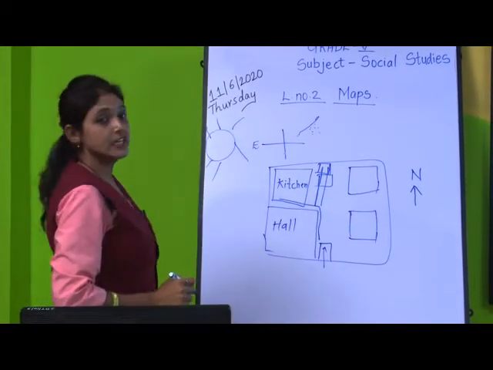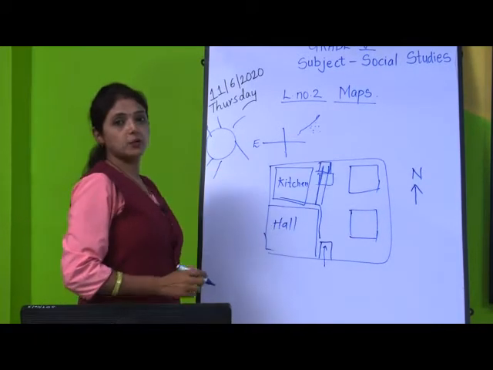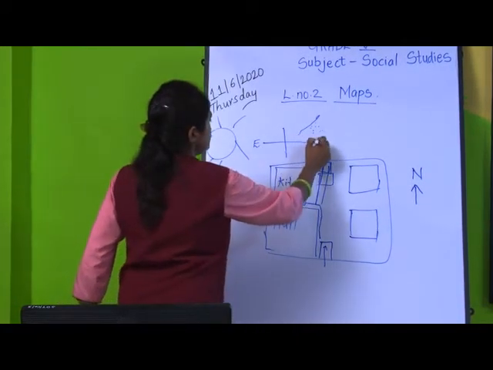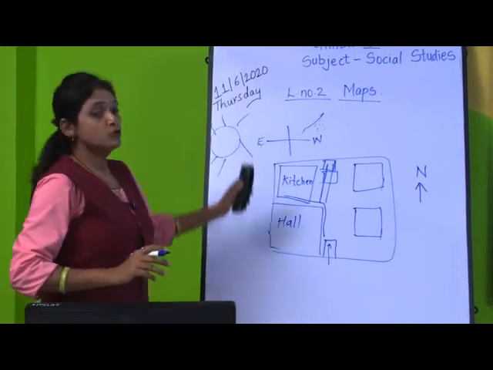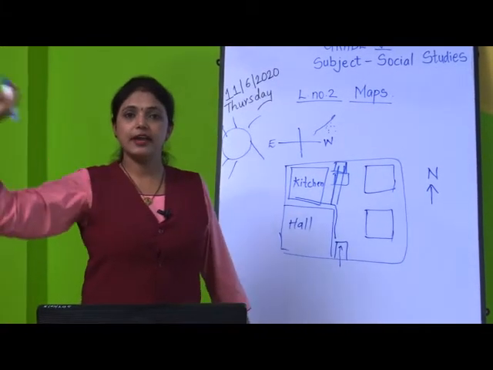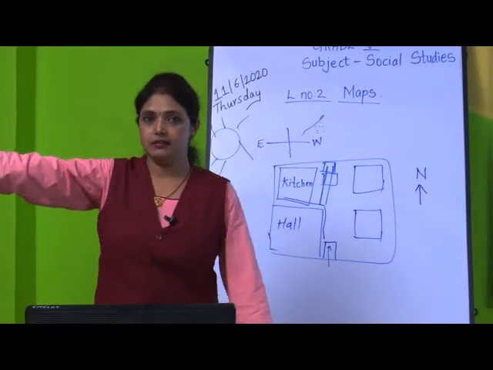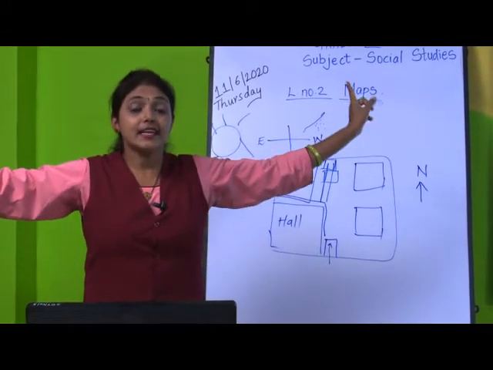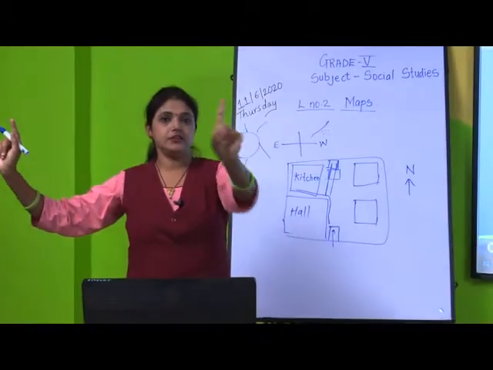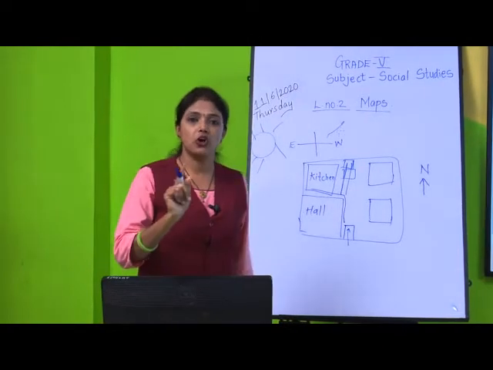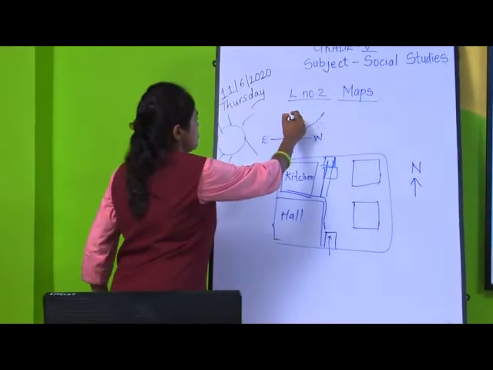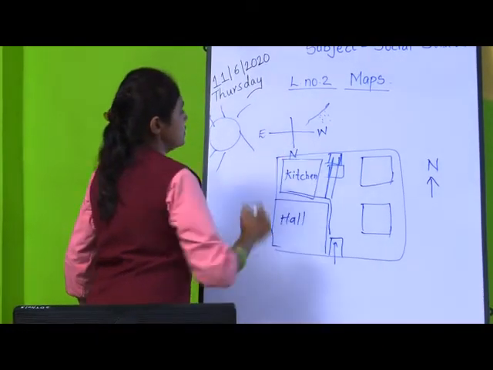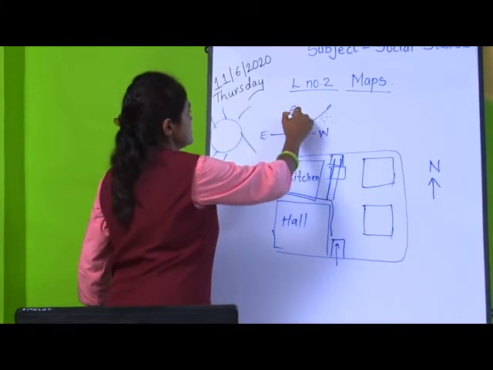So this is east. Opposite to that will be west. Towards your right hand, this is east, this is west. Exactly opposite here will be the north direction, and this is south.